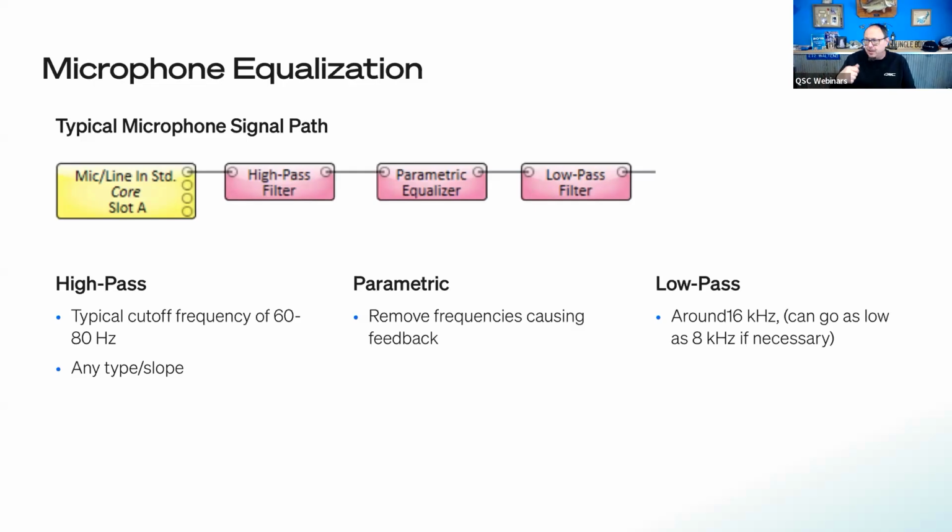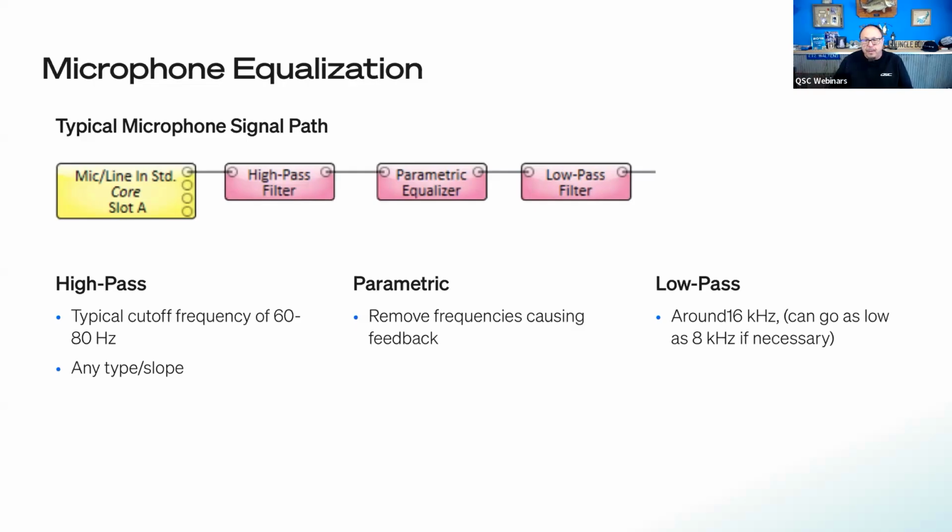That parametric EQ's job is to notch out little problematic frequencies. Microphone manufacturers typically will provide recommendations: here's what we recommend you do to our mic to make it perform best. Plus, it's going to have effects on the room as well. The low pass filter is just a cutoff frequency based on your room factors and what that mic is going to do. Sometimes you can roll it off at different levels.